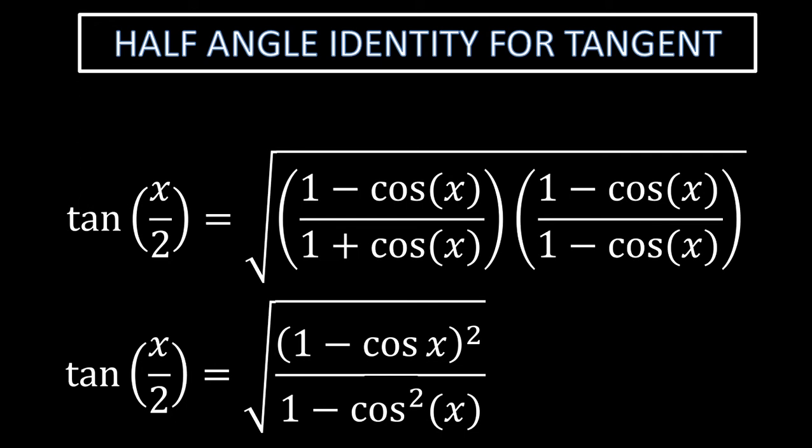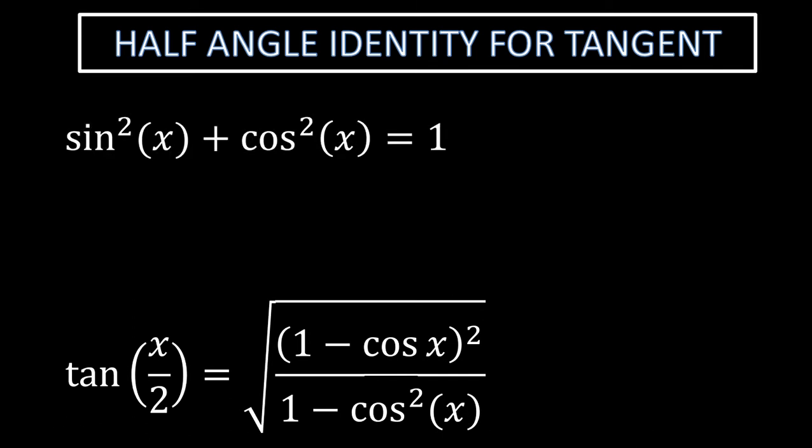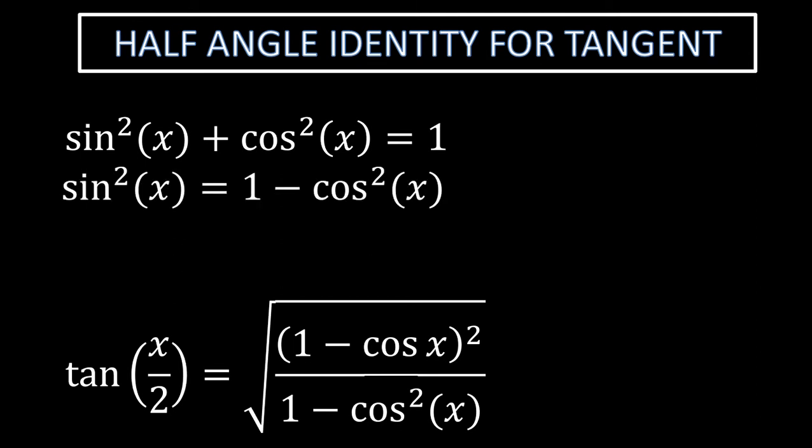And as you can see, this 1 minus cosine squared of x, you will notice you can use the Pythagorean identities here. Sine squared x plus cosine squared x is equal to 1. By basic algebra, sine squared x is equal to 1 minus cosine squared x.